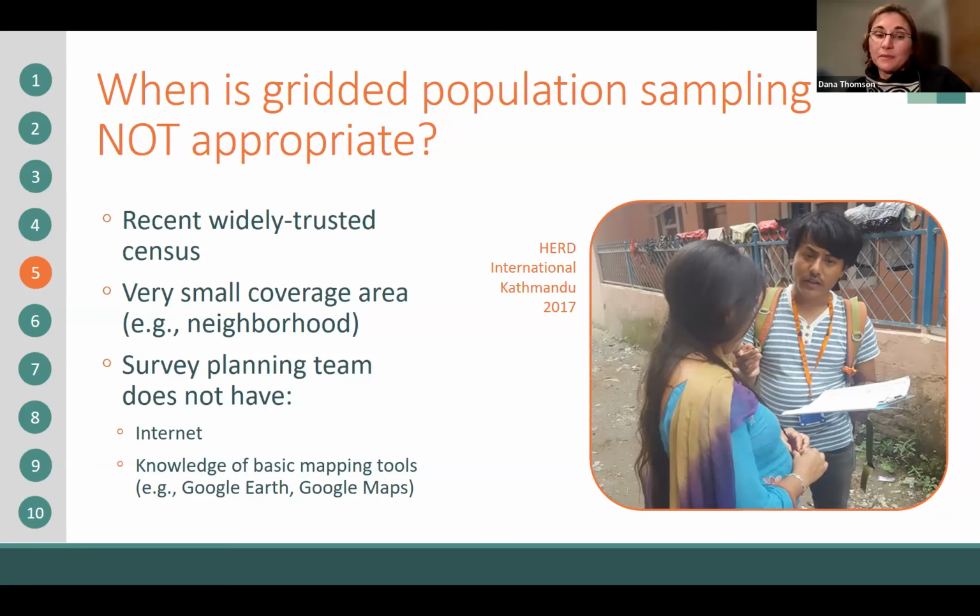So if your central survey planning team doesn't have regular, reliable internet, or if they're just not comfortable with basic mapping tools like Google Earth or Google Maps, this is probably not going to be a very useful technique. It's going to pose a lot of challenges.